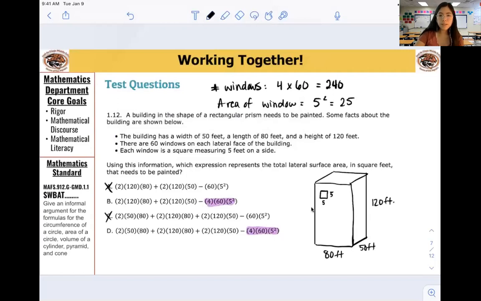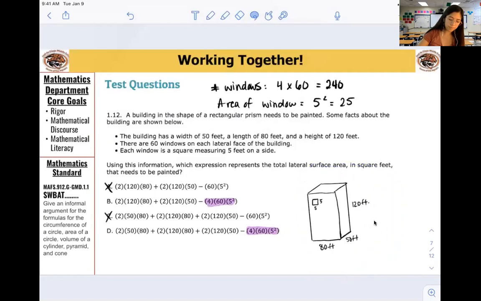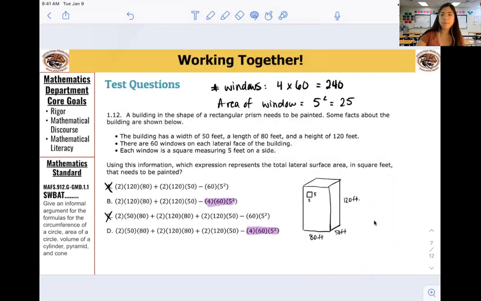Then, well, let's figure out what is the surface area of the lateral part of this building. So not including the top and the bottom, what would I be adding up to find the surface area? Not including the top or the bottom.